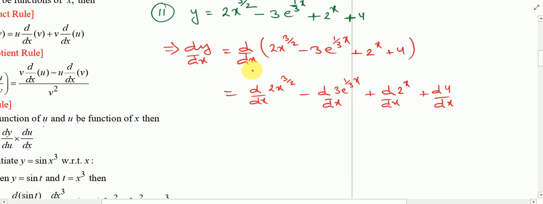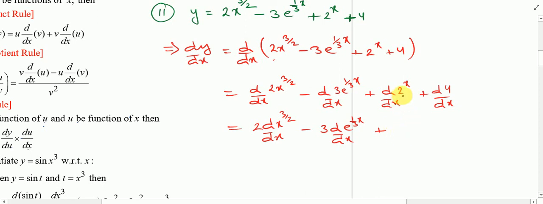In the next step we will write like this. If anyone had asked you whether we have any formula for differentiation of this whole expression, you don't have any formula for this. But if I ask you whether you have a formula for each term, yes, we have. Here the constant part will come outside, and you are left with this. Here the constant part comes out, and you are left with this. Here this will remain like this.